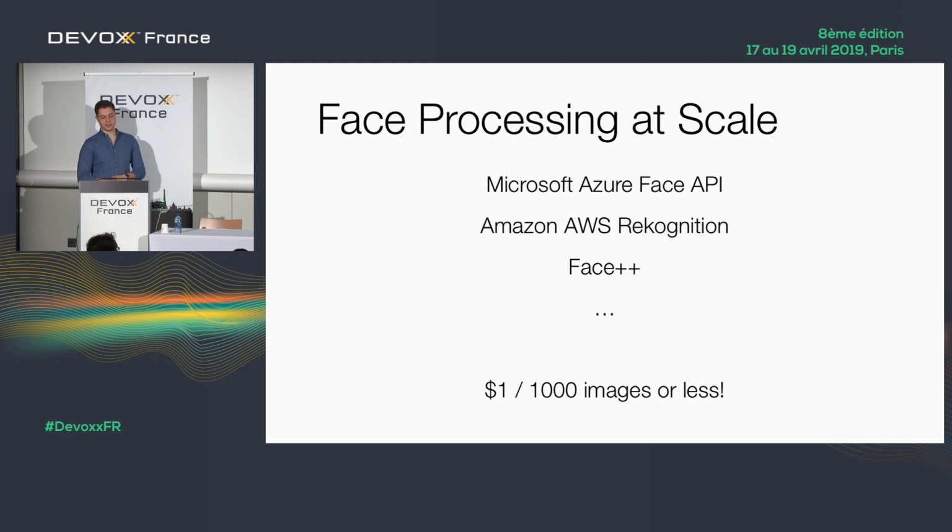And with a single API call, you can localize the faces, you can do recognition, and they do classification for a number of common themes from gender to age to a number of physical features and so on. They estimate emotions and so on. Depending on the provider, you're going to have different functionality, but the idea is that you can implement something like this very quickly using some sort of API.